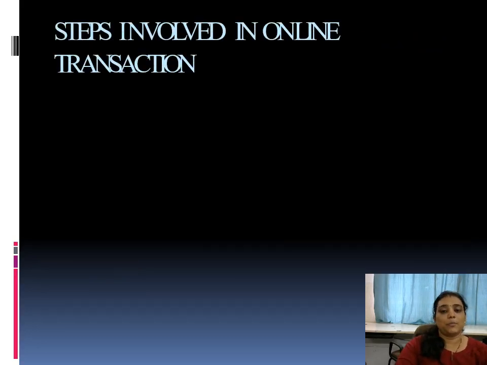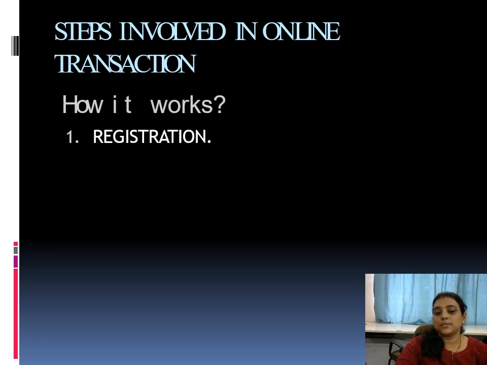Now let's talk about the steps involved in online transaction. How does it work? The first step is registration. Let's see in the textbook what type of registration I need to do. Whenever I visit any site, I need to register myself so that I can purchase goods from that site.